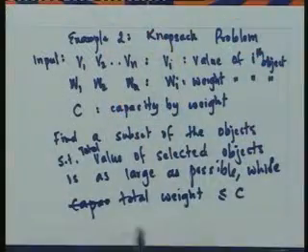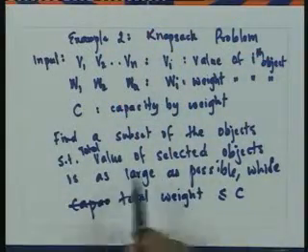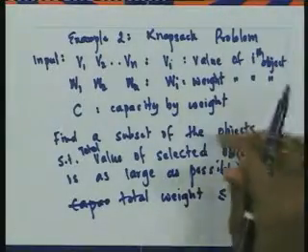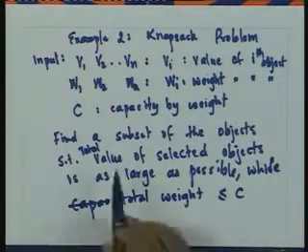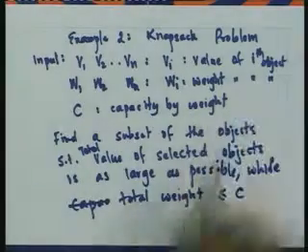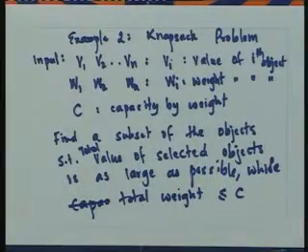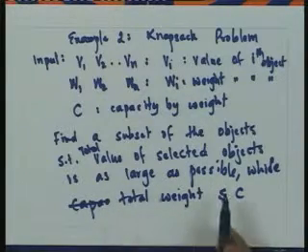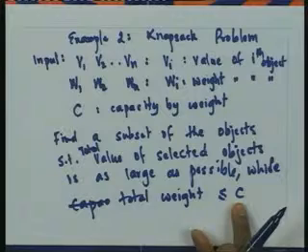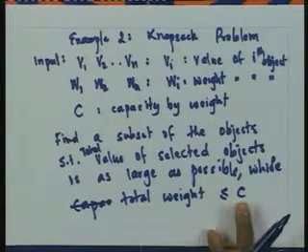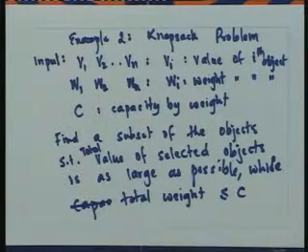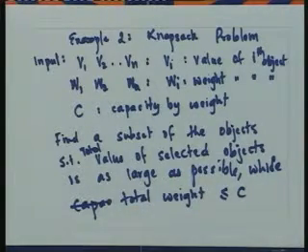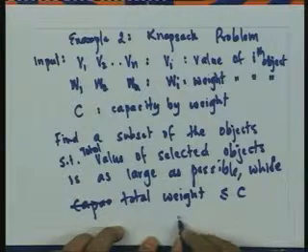First of all, there is a combinatorial object that we need to pick, which is a subset of the given objects, or perhaps you could call these items. There is a constraint that the weights of the selected items should not be bigger than C. And then there is also an objective function: their value should be as large as possible. So this is a maximization problem.